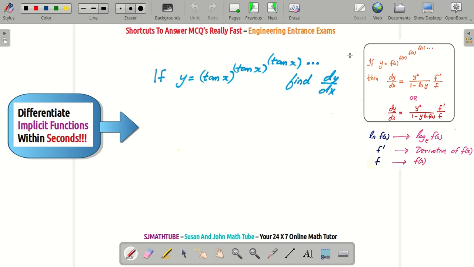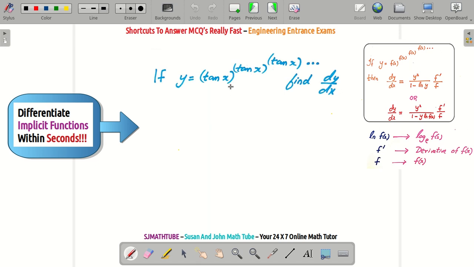No need to worry. The actual procedure is you will call the repeated function part to be y, then you'll take logarithm, then you're going to make it into an implicit function, differentiate, keep on differentiating, simplify, and finally you'll get the answer.